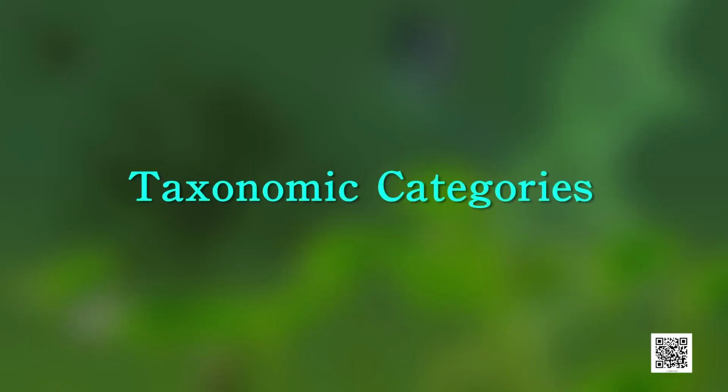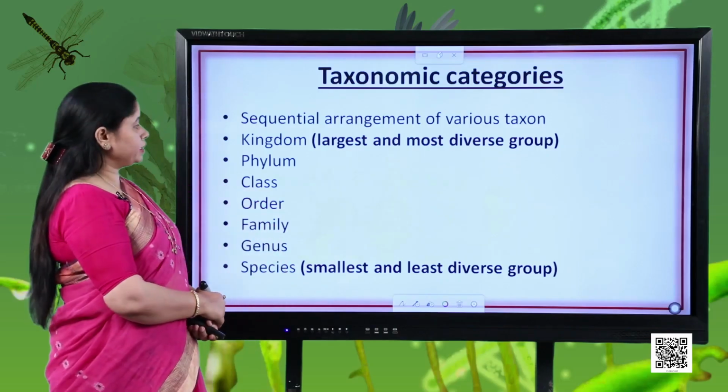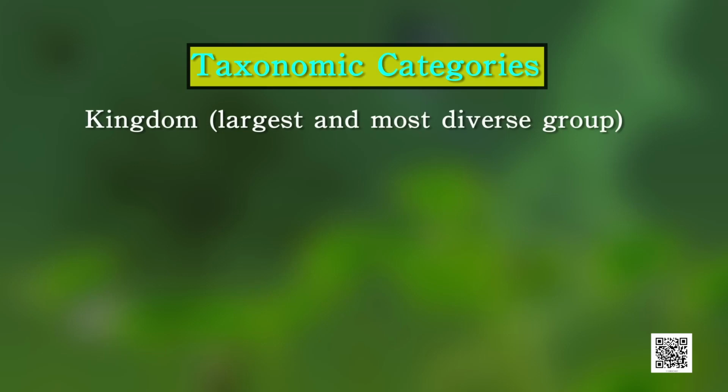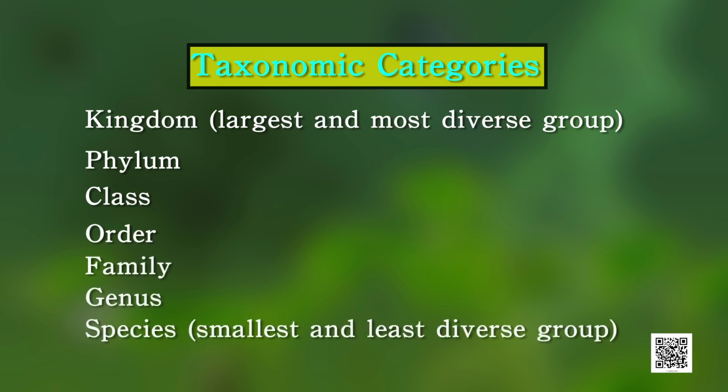Let us understand various taxonomic categories. There are 7 taxonomic categories starting from kingdom, which is the largest and most diverse group, then phylum, class, order, family, genus and species. Species is the smallest and least diverse group.